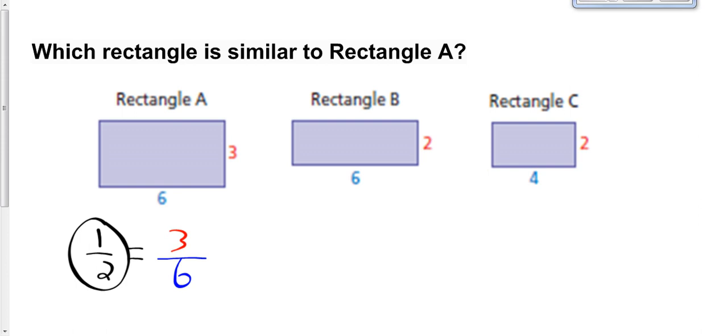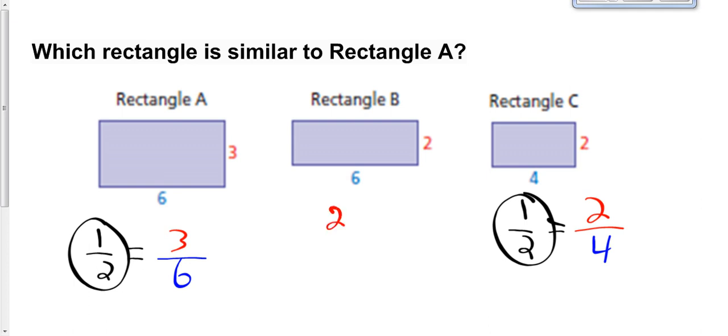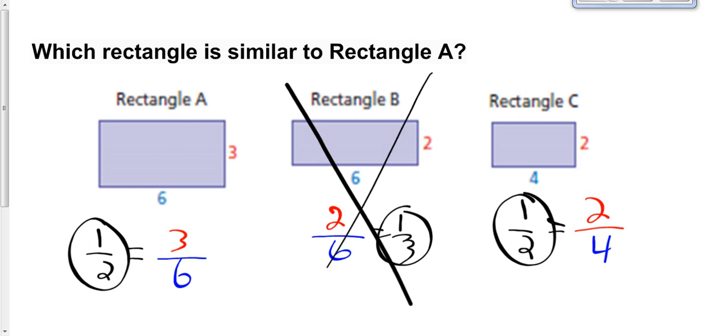If you look over here at 2 over 4, 2 divided by 4 is also 1/2. So that's the same ratio. And here, 2 over 6 comes out to 1/3. So which rectangle is similar to rectangle A? Well, it's not rectangle B.